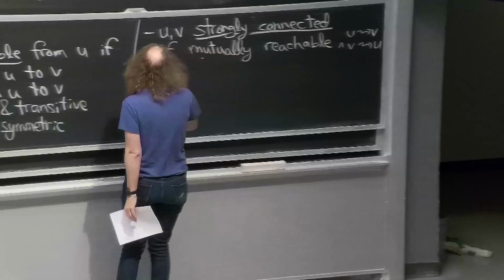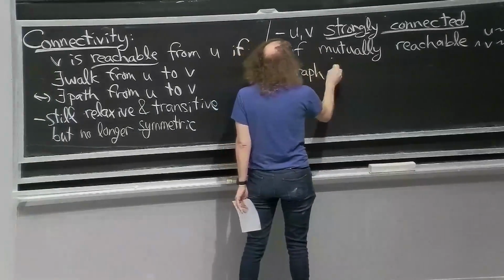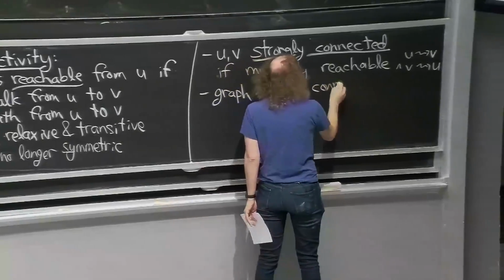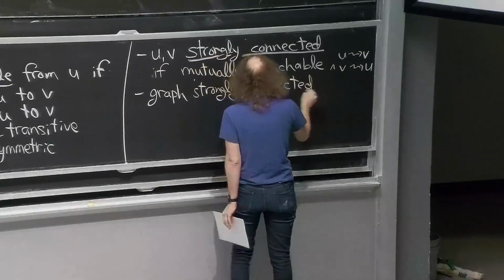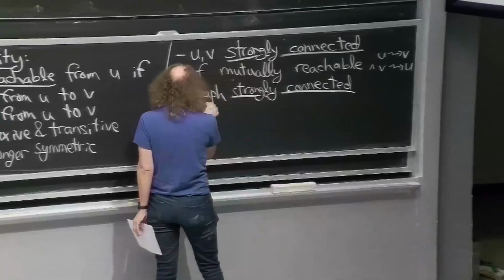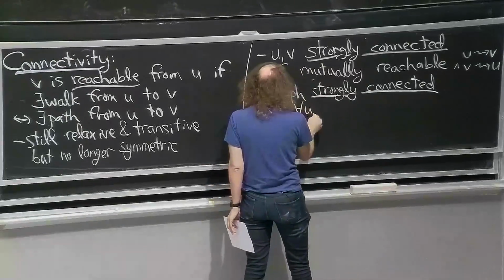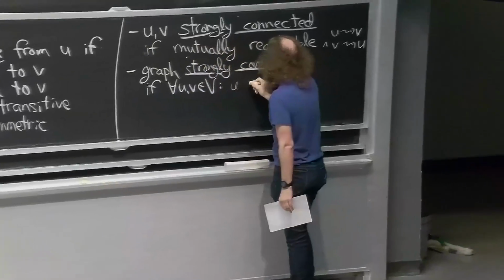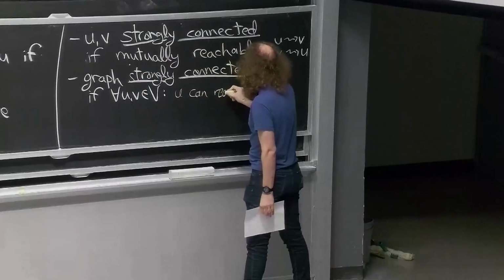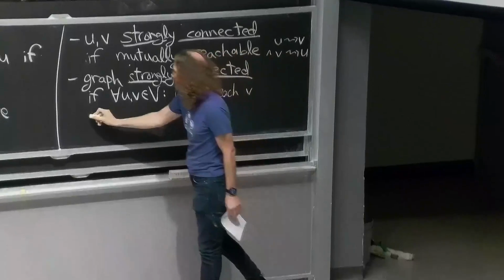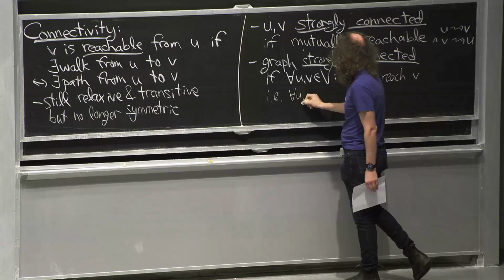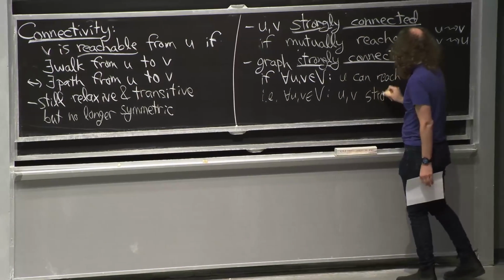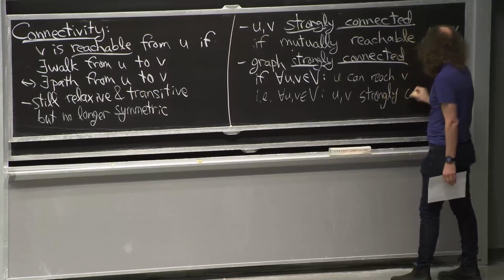And in particular, we call the entire graph strongly connected if everything can reach everything. If for all vertices u and v, u can reach v, or in other words, for all u and v, u and v are strongly connected. So again, the pairwise relation.